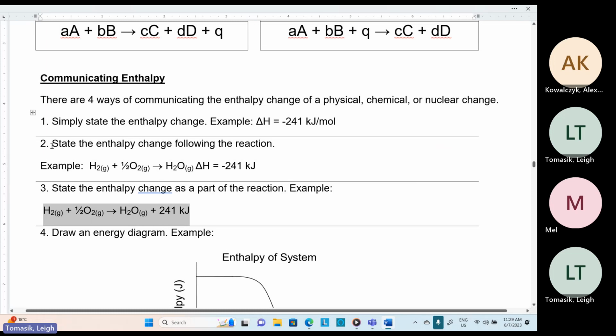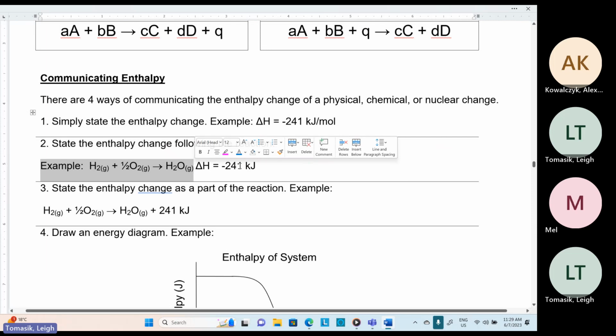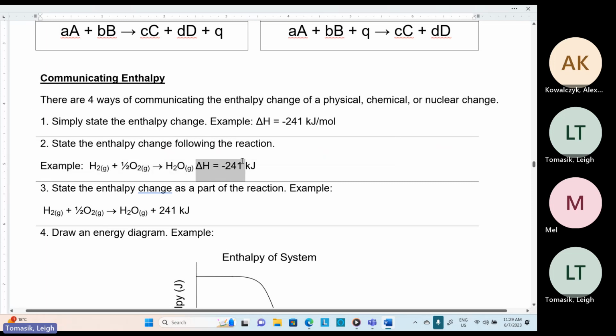So notice the difference between 2 and 3. In 2, we just wrote the reaction and we didn't put a plus in between the products and the enthalpy. We didn't put a plus there, okay? We just listed the enthalpy beside it.